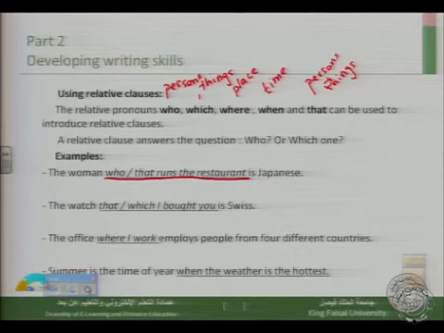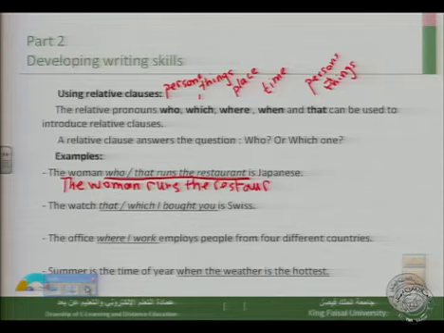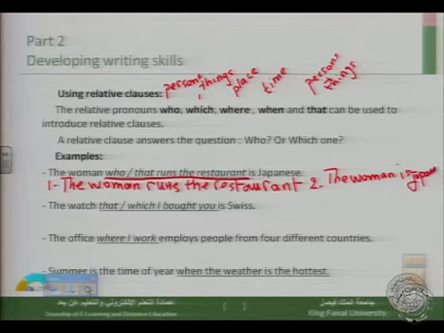The second one is: the woman is Japanese.